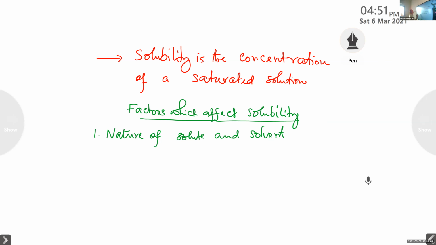Second, pressure, and that is more important for gases. And the third one, temperature. So these are the three main factors which affect the solubility of a solution: nature of the solute and solvent, pressure, and temperature.